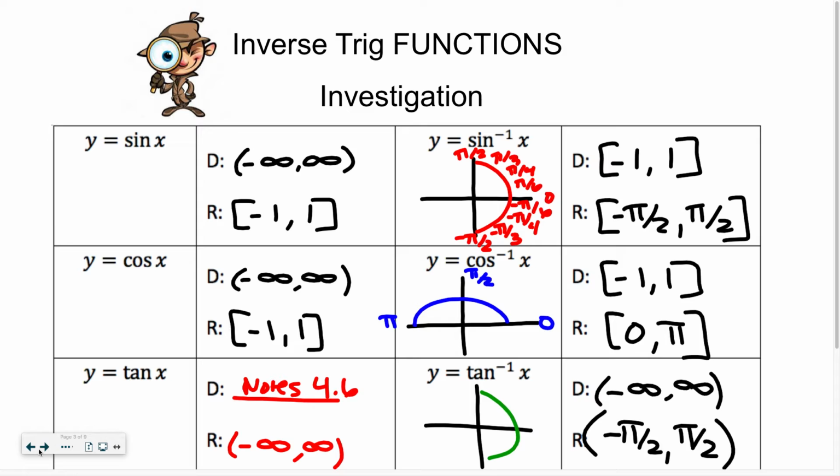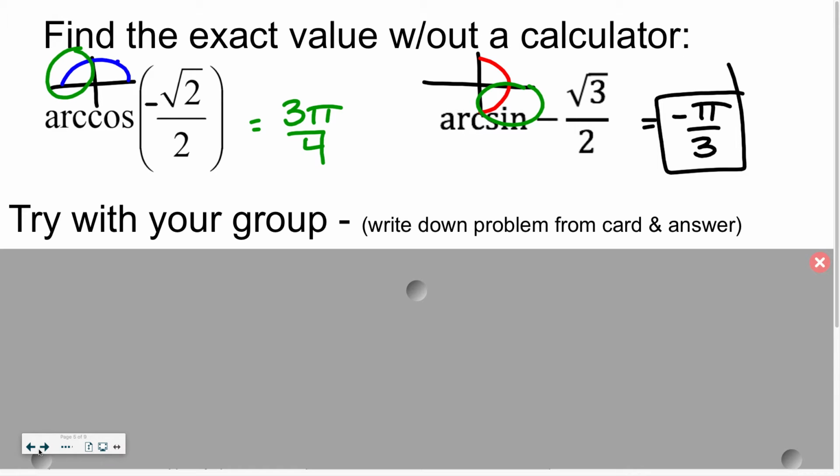If I don't put that restriction on the range, you're right, you could answer 5 pi thirds, or 4 pi thirds, or 11 pi thirds. They all have sines that are negative square root 3 over 2. But we all want to get the same answer for an inverse sine. So it has to be negative pi thirds.